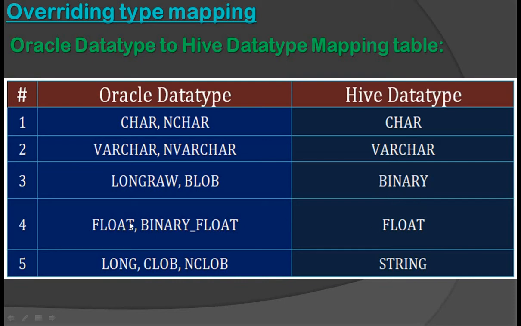In Oracle we have float and binary float, and in Hive we have only float. In Oracle we have long, clob and nclob, and in Hive we have string. So as we can see, if we want to transfer data from Oracle to Hive, we will face a few data types which Oracle has and Hive does not have.